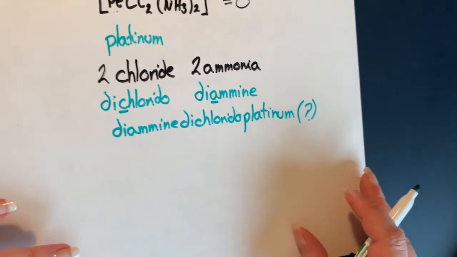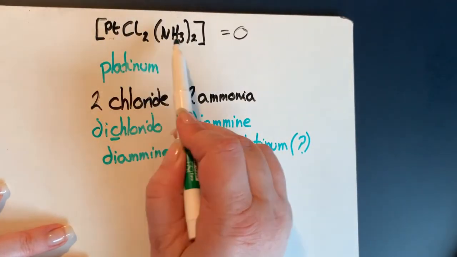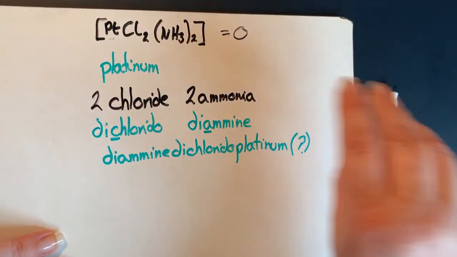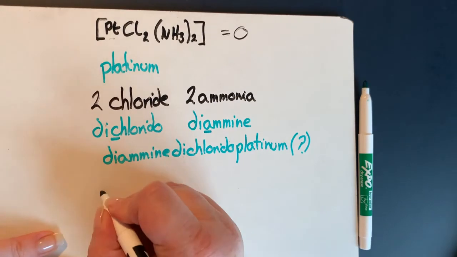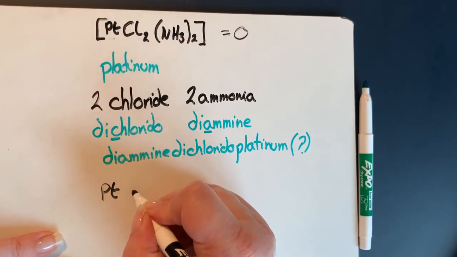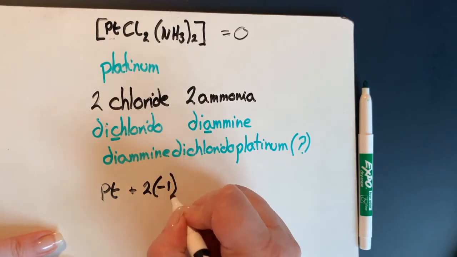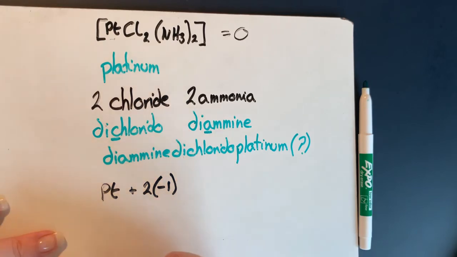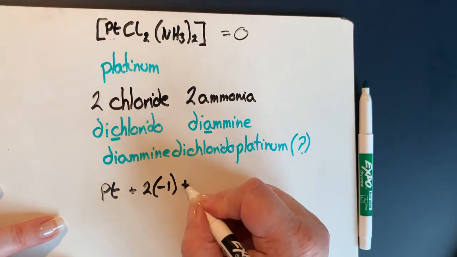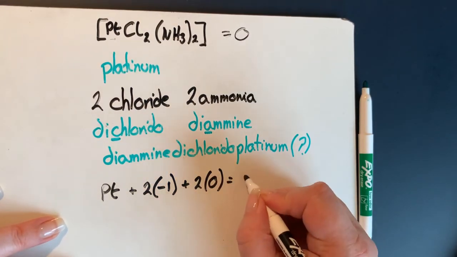So having a look at this and going back up to that original formula, we've got our platinum. Don't know the charge on the platinum, but what we do know is that we've got two negative chloride ligands. Ammonia has no charge, and the whole thing equals 0.